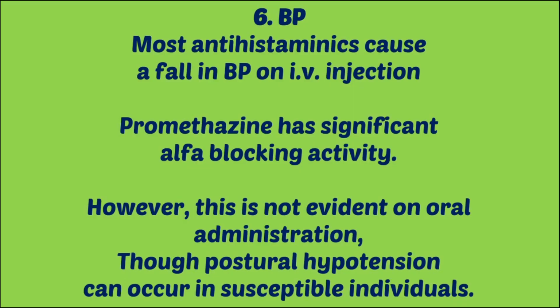Moving on, blood pressure. Most antihistaminics cause a fall in blood pressure on IV injection. Promethazine has significant alpha blocking activity. However, this is not evident on oral administration, though postural hypotension can occur in susceptible individuals. So promethazine, right?